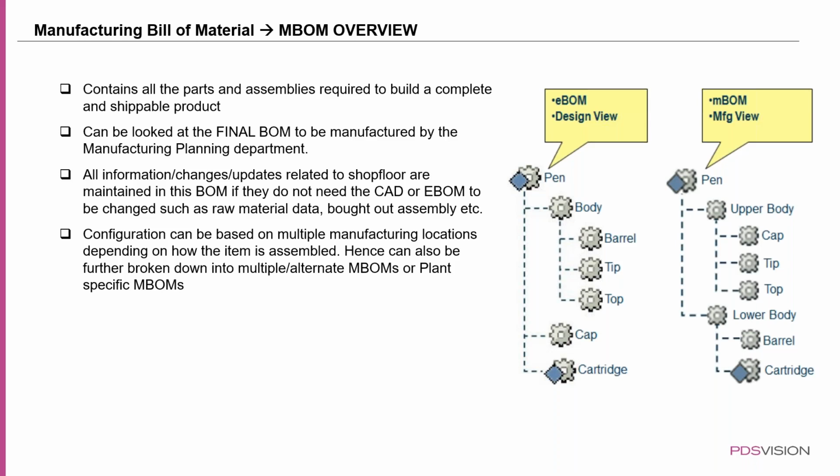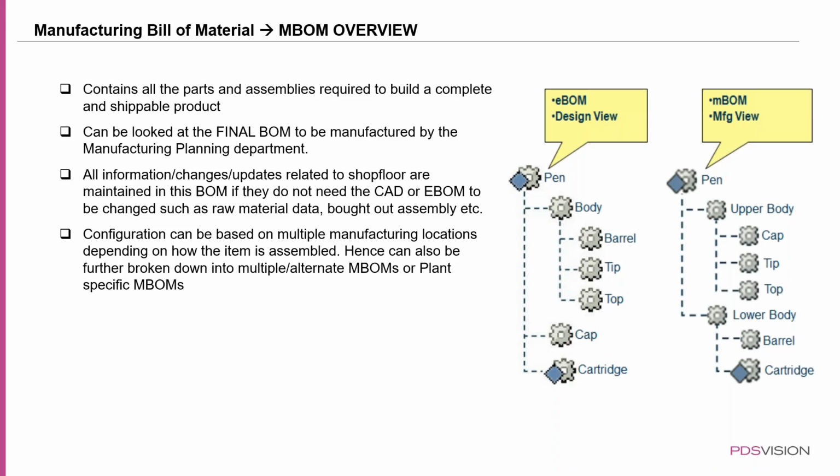So this M-bill of material will then be managed, restructured, or enriched by a manufacturing department to make sure and plan for the actual product which will be executed at the shop floor.